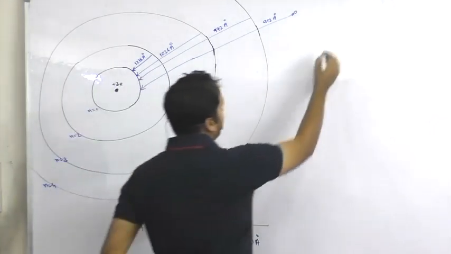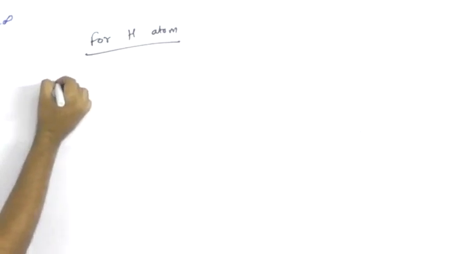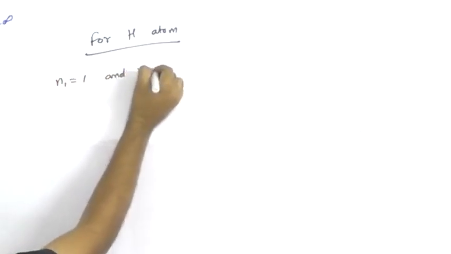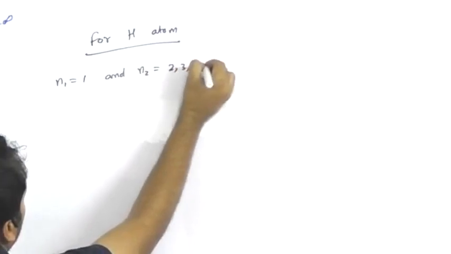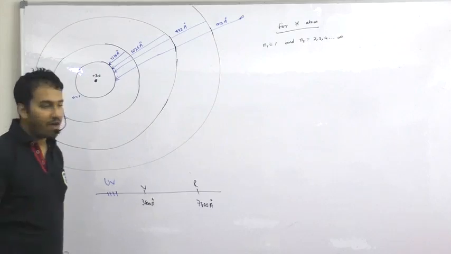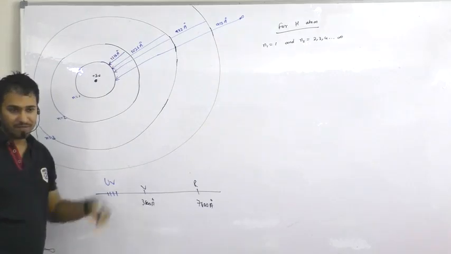So we write here that for hydrogen atom, N1 equal to 1 and N2 could be 2, 3, 4 and it can go up till infinity. The electron is jumping from a higher orbit to the first orbit and it releases a series of photons, right?